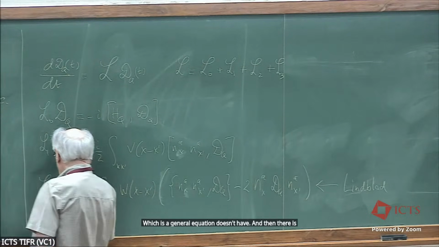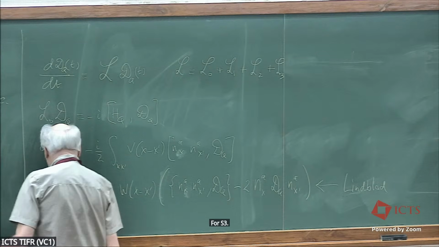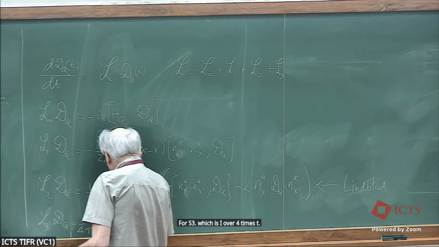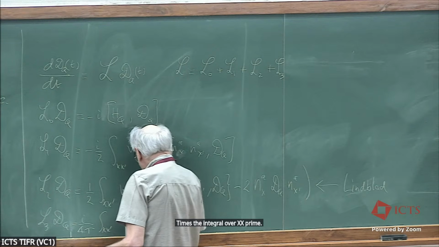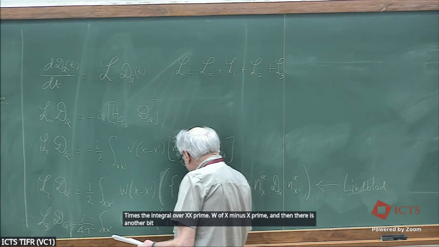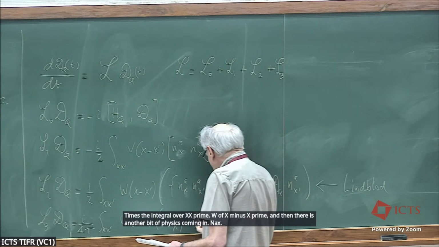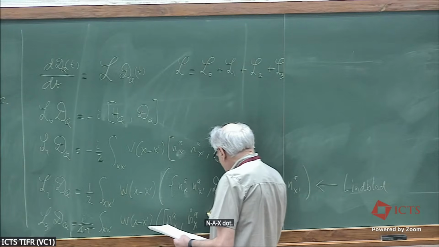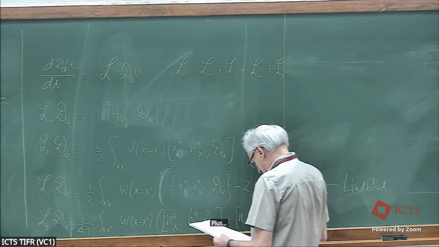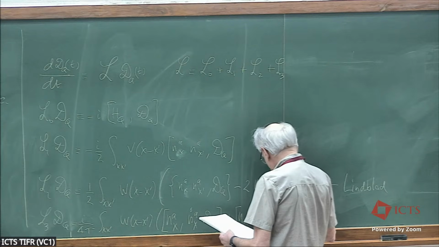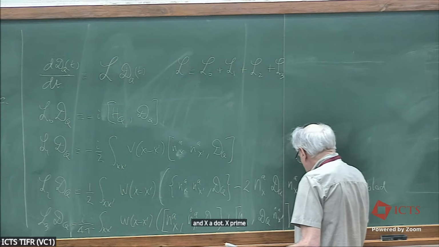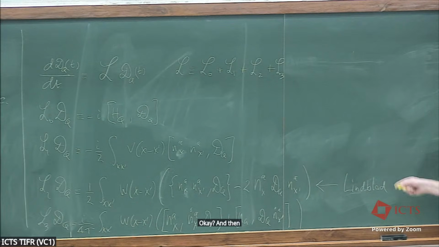And then there is another term, L3, which is i over 4 times T times the integral over x, x prime of W(x minus x prime), and then another bit of physics coming in: n_A(x) n_A dot (x prime), commutator with D_Q, plus n_A(x) D_Q n_A dot (x prime).